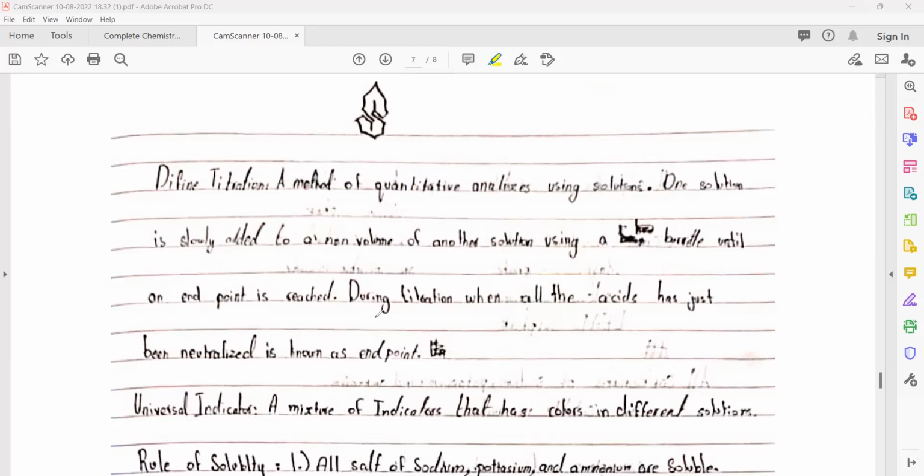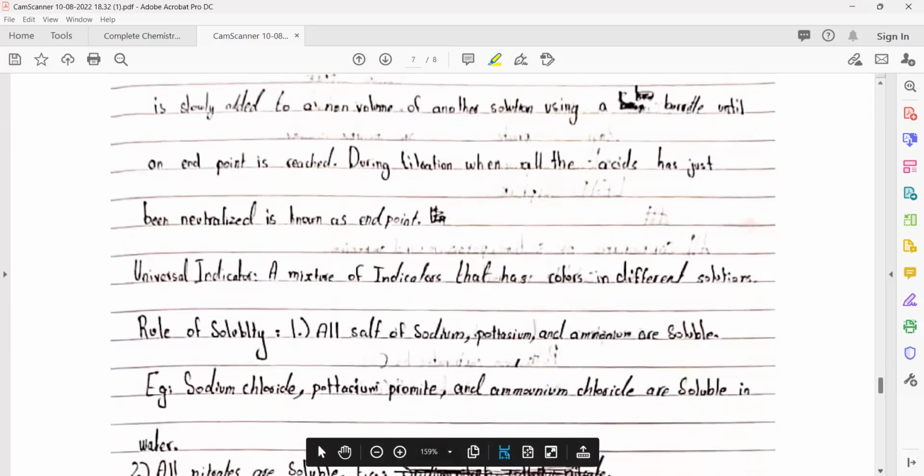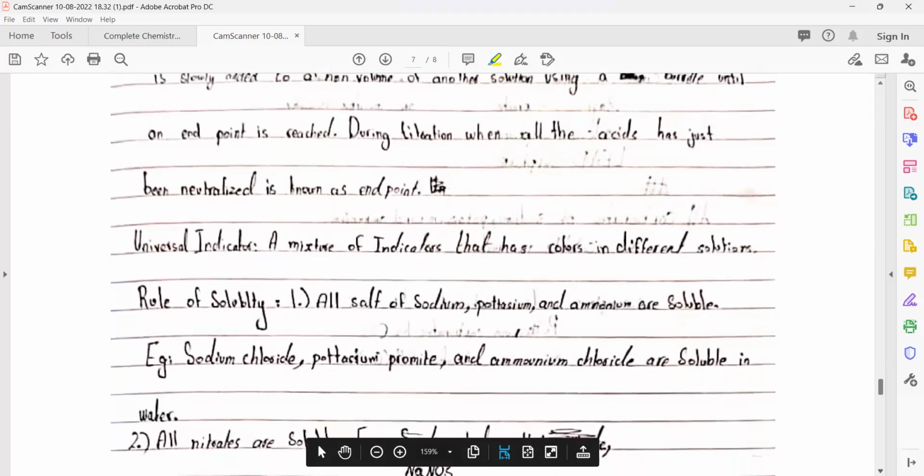Okay, so here during titration, when all the acid has just been neutralized, it has reached the endpoint. Why? Because we can find the endpoint with the help of the indicator. The universal indicator is a mixture of indicators that has different colors in different solutions. Role of solubility: all salts of sodium, potassium, and ammonium are soluble.